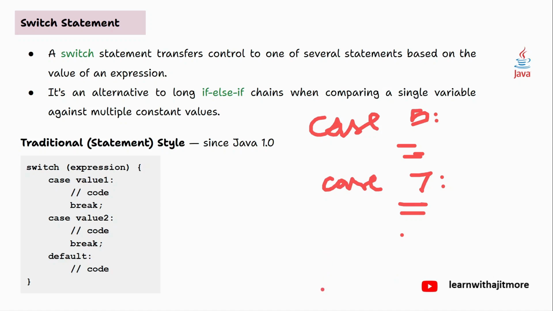Means जब तक switch खत्म नहीं होता है या जब तक break नहीं मिलता है, तब तक वो fall through होते रहेगा. Getting? तो इसको enhance किया है अभी modern Java ने कि break की जरूरत नहीं है.